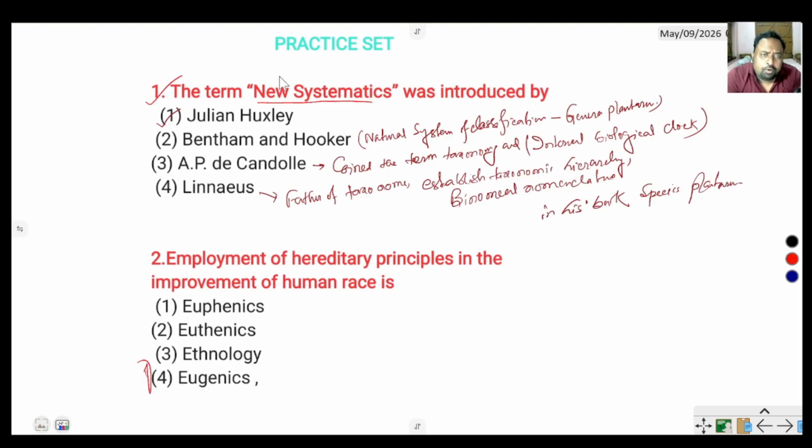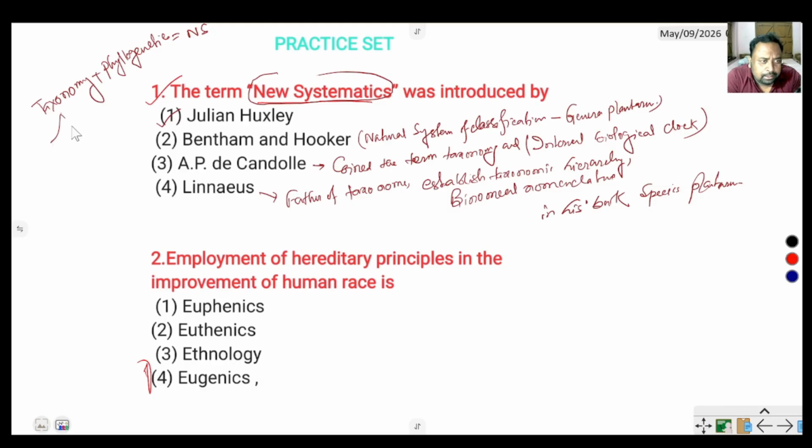What is the meaning of neo-systematics? Systematics means taxonomy and phylogenetics, which are called neo-systematics.